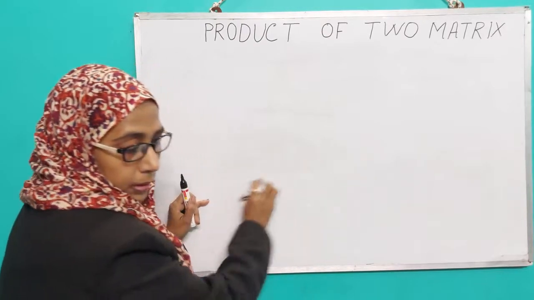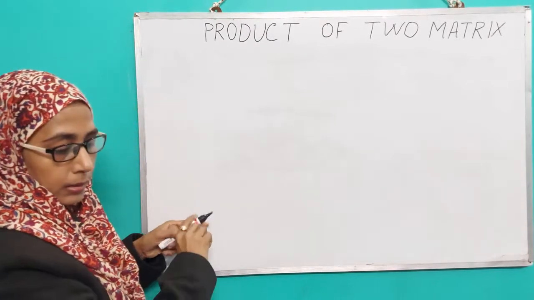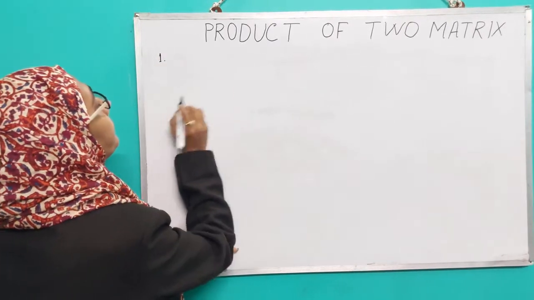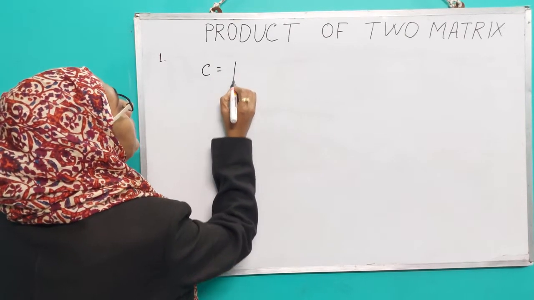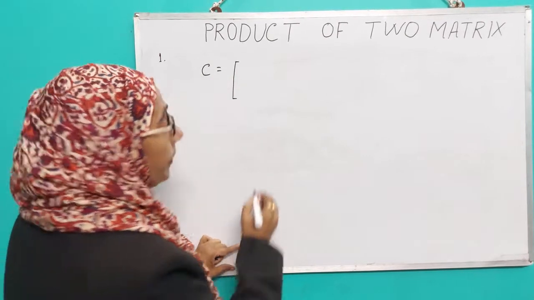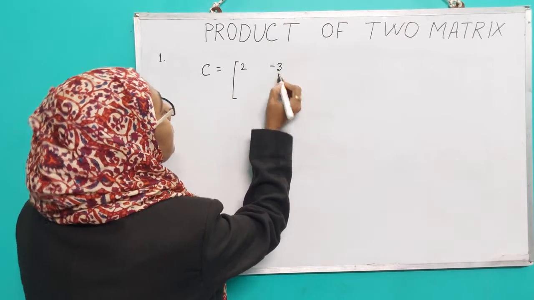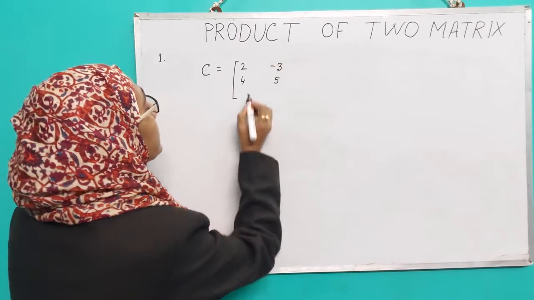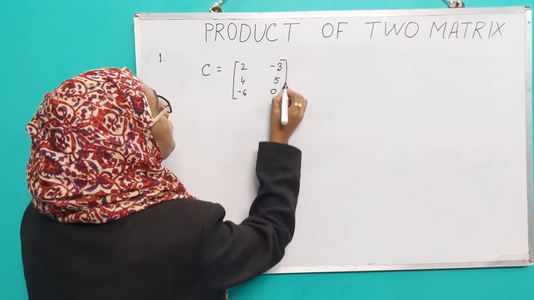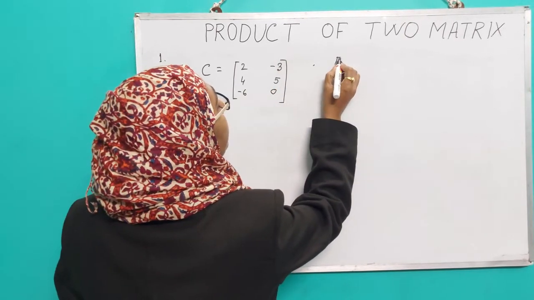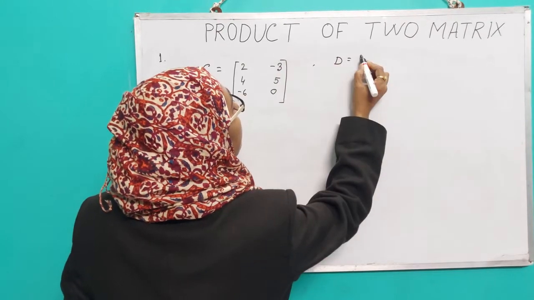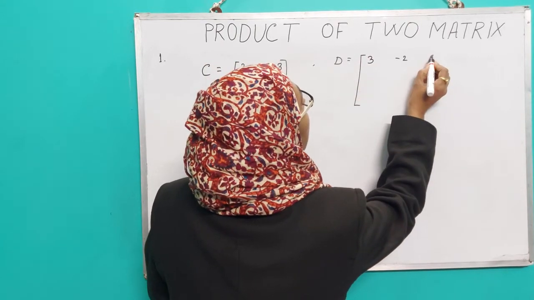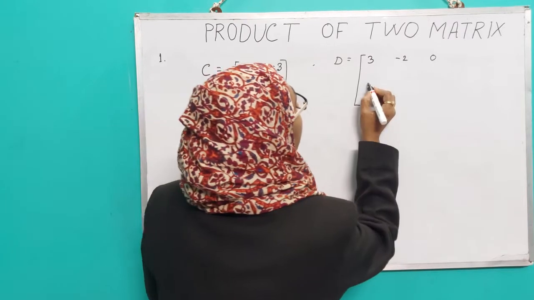Example number 1: a matrix C is equal to [2, -3; 4, 5; -6, 0], and a matrix D is equal to [3, -2, 0; 5, 4, 1].